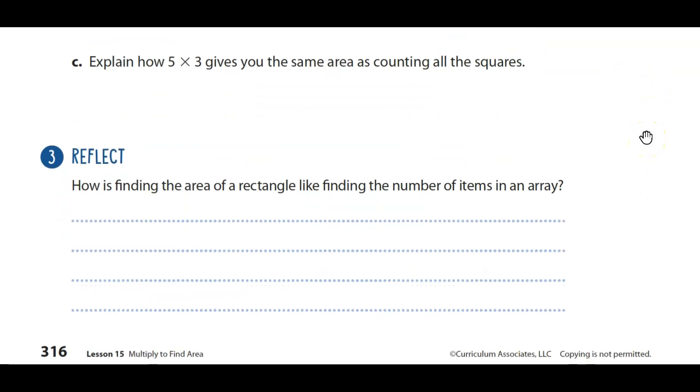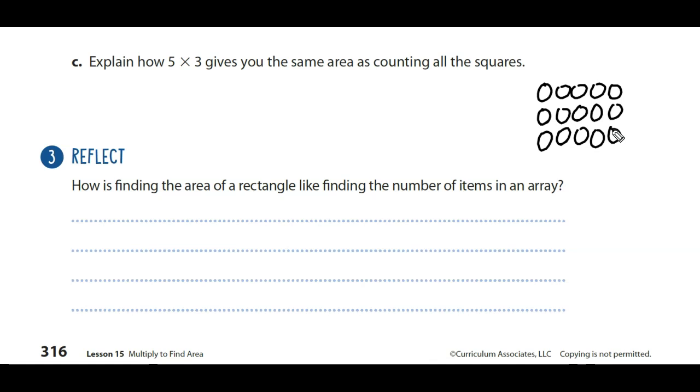So think about this. How is finding the area of a rectangle like finding the number of items in an array? So here's an array. How is that related to finding the area of a rectangle? Because the rectangle, when it's divided into squares, it's an array. Yeah.